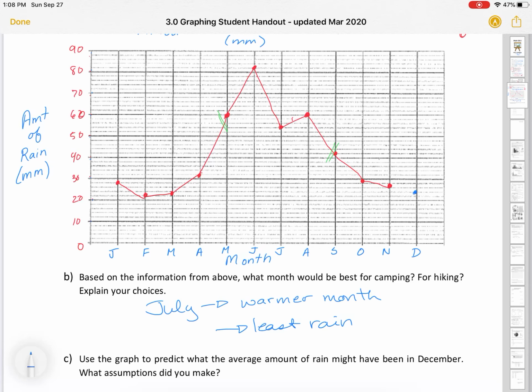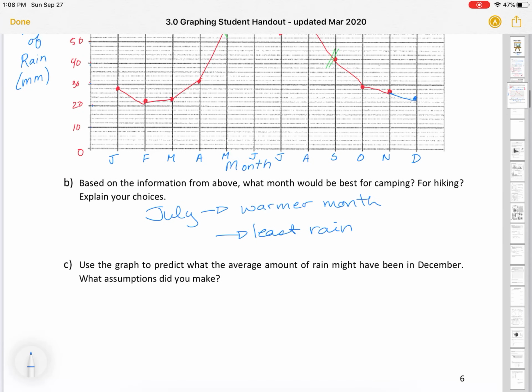So I'm going to guess that it goes down to 24. You could have a slightly different range, but I'm going to say it's about 24 millimeters because the rain is decreasing. And it's a cold month, right? We're moving into December. There's usually a lot of snow and less rain.